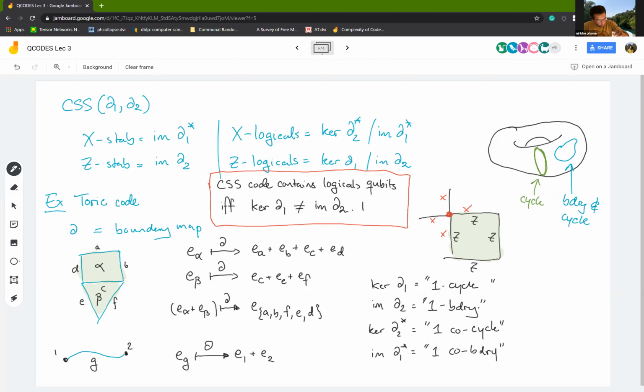And this is sometimes referred to as the homology group, H1, does not equal 0. That's another way of saying this.